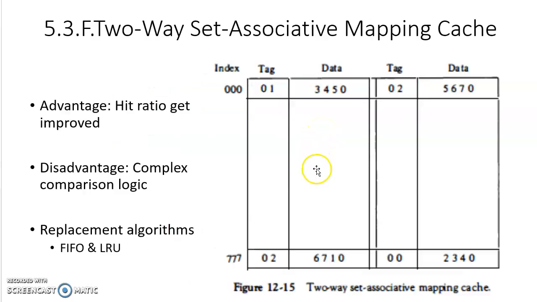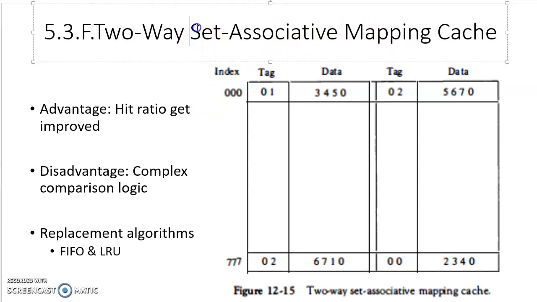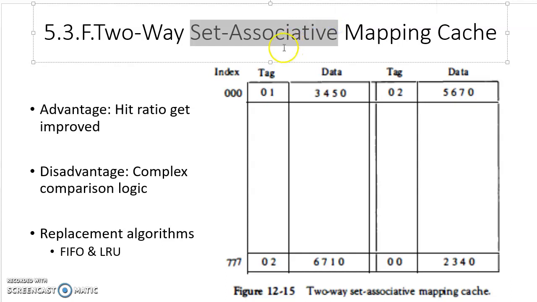Now let us move on to the next type, that is set associative mapping. Again, there are different types of set associative mapping. So this is a two-way set associative mapping cache. Why is it two-way? Because it is 2 times our direct mapping cache. The drawback of direct mapping cache is, if I want to store the same line of different pages, that is not possible there.